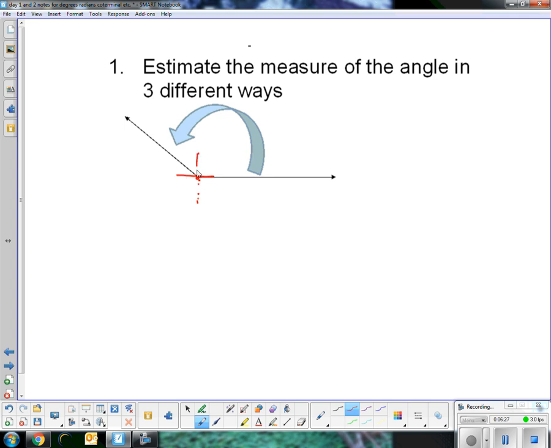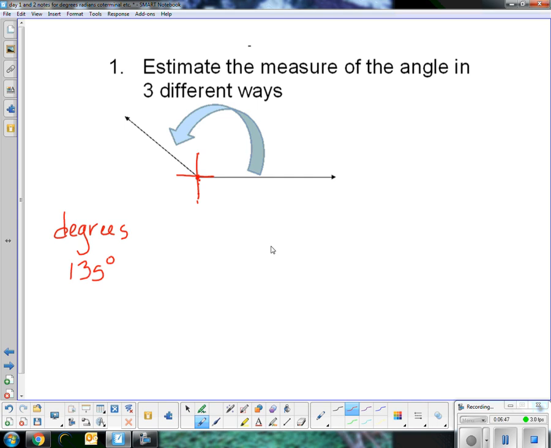So look at this versus this and just estimate. Probably the first one I might estimate might be degrees. To me this looks like it's about halfway in between there. So maybe 135 degrees.